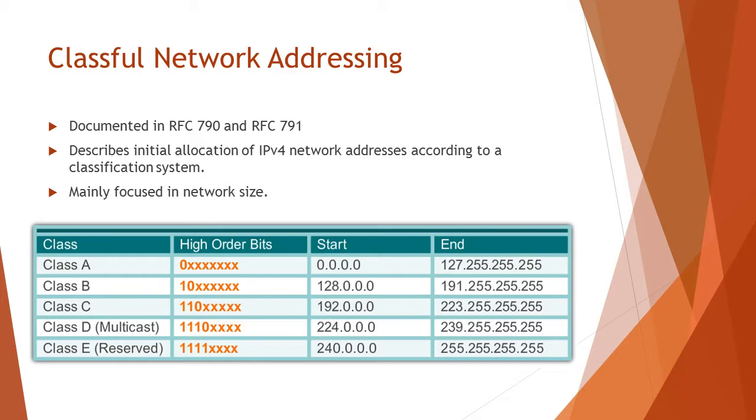Class B addresses, which were intended for medium to large organizations. Class C addresses, which were intended for small to medium organizations. The remaining addresses were reserved for specific uses. That's where we find Class D and Class E, as Class D was reserved for multicast addresses and Class E for experimentation and future use.